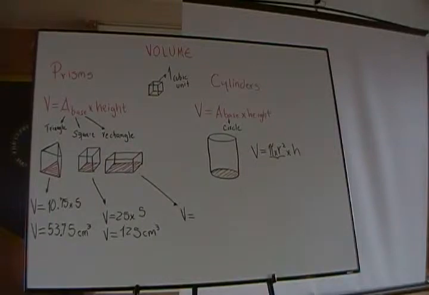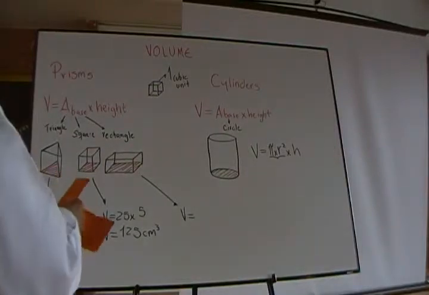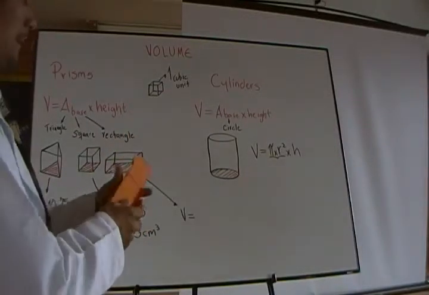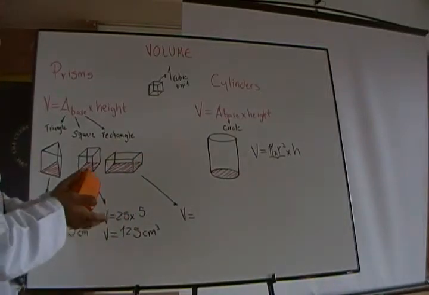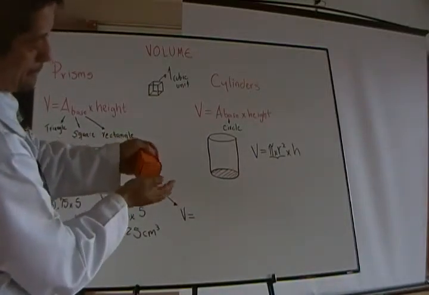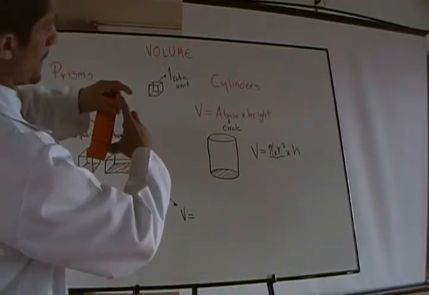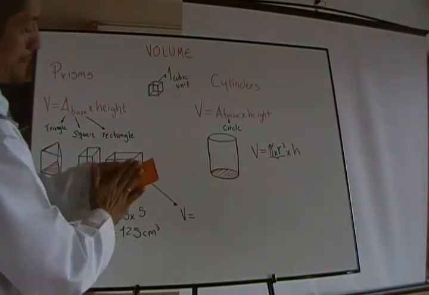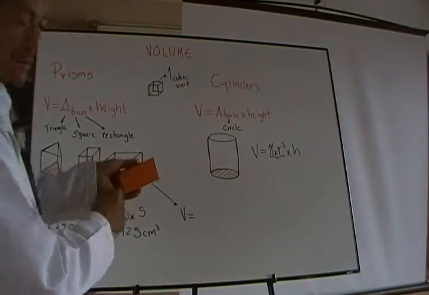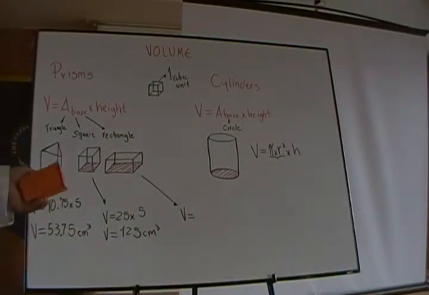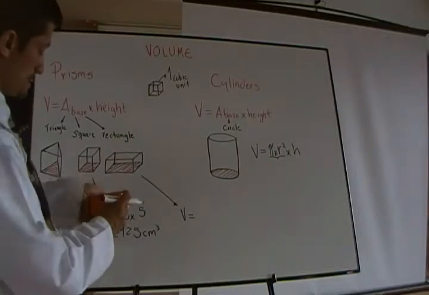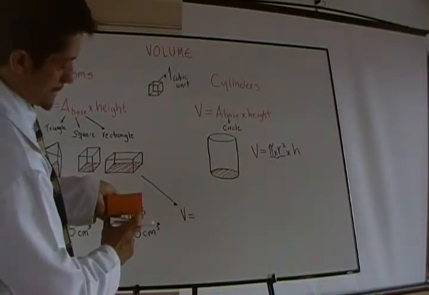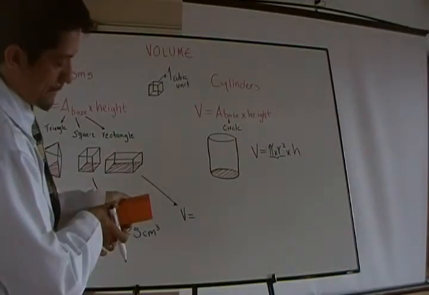One more example is this rectangular prism we also completed in class. So if I put it like this, the base is going to be a square, and this is going to be the height. But if I put it this way, the base is going to be a rectangle. The area of that rectangle is 50 square centimeters because the base, in this case, is 10 times 5, which is 50.